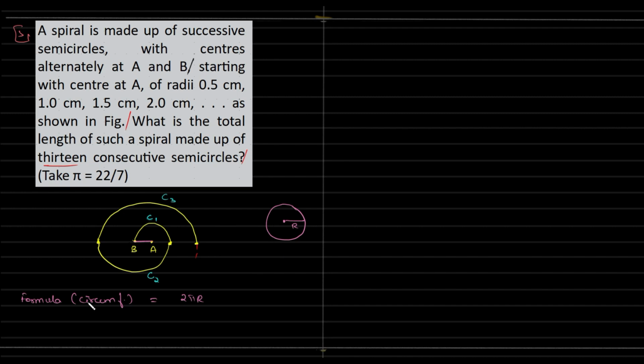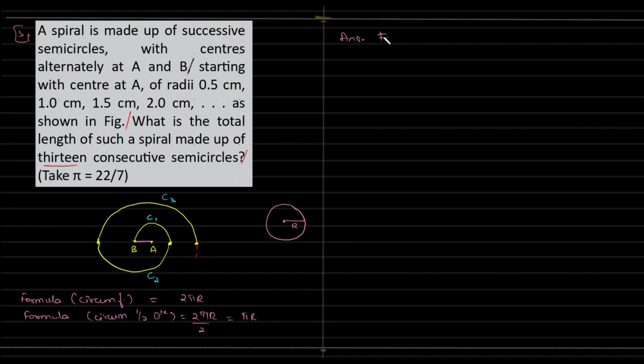Okay, 2 into pi into r. But we are not looking at the entire circle. We are looking at half of the circle. So the formula for circumference of half the circle is 2 pi r divided by 2. That is pi into r, right? 2 and 2 will get cancelled. So it is pi into r. So each of these lengths is pi into r, with the radius being half, 1, 1.5, 2, and so on and so forth.